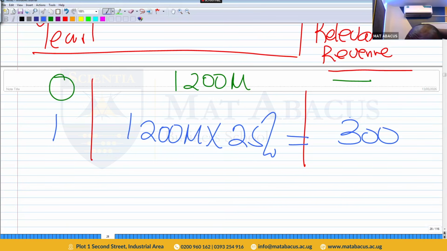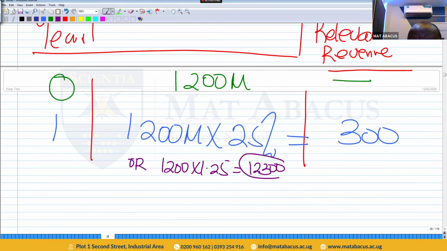Someone could have first increased: 12,000 times 1.25, you are likely to get 12,300. But 12,300 is not relevant. It has increased, so you need to take off the other to get the 300.